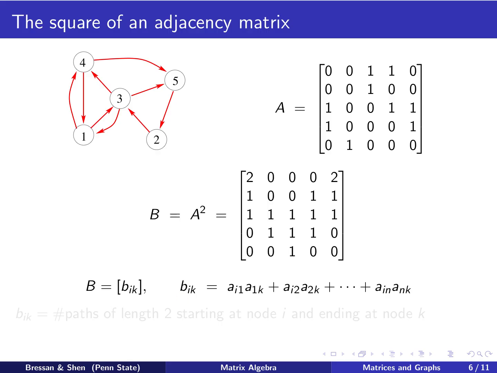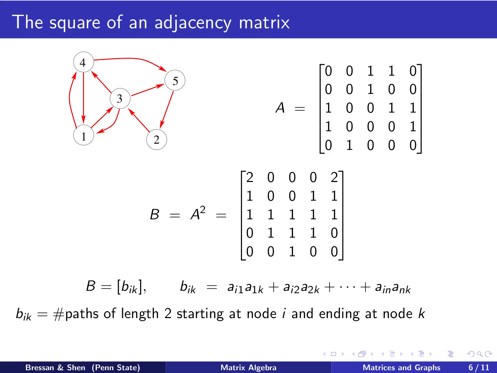So we can write out Bik as the inner product of the ith row vector times the kth column vector of A. So if we write it out, it's the summation of these products. What is the meaning of this value? In fact, the value Bik here would be the number of paths of length 2 starting at node i and ending at node k.